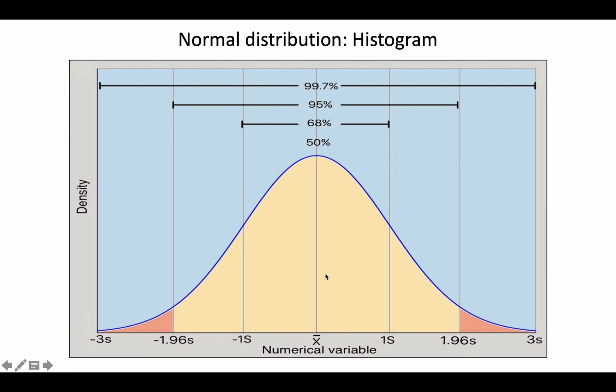Obviously this is the 50%, but when we are talking about one standard deviation away, we are talking about the 68% when it's two-tailed, and when it's 1.96 standard deviations away from the mean, this is going to be exactly 95%. But how do we realize, or how do we calculate this? How do we estimate this?